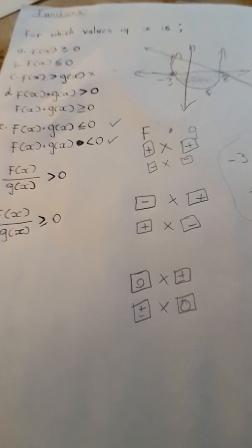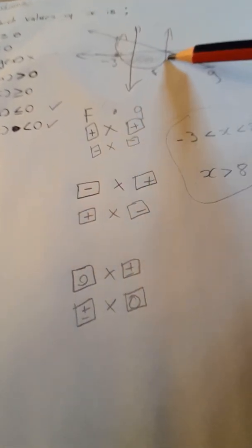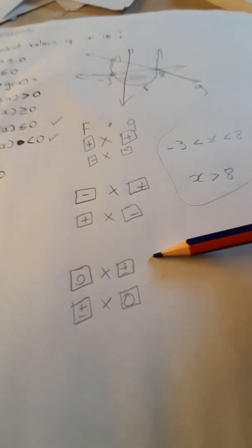So looking at this sketch, we can see when x is greater than or equal to 8, because if we put 8 here, it will be 0, and 0 times anything will be 0. And also here, if we put 0 into this equation, multiplying 0 by the other y value will also give us 0. I believe you can understand here.